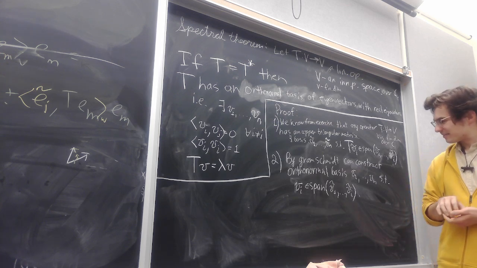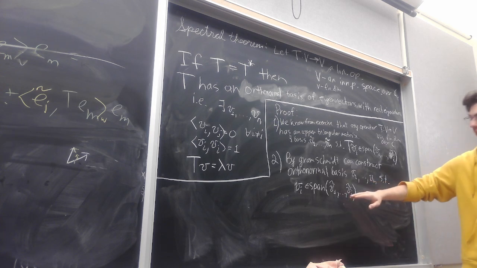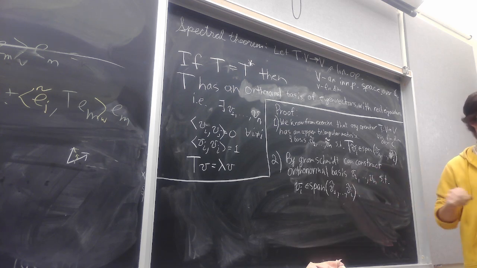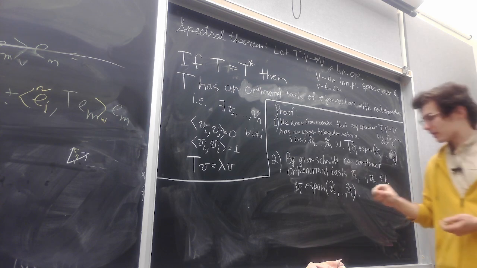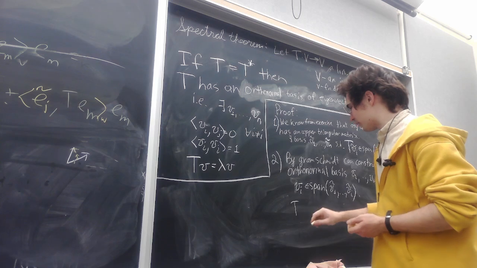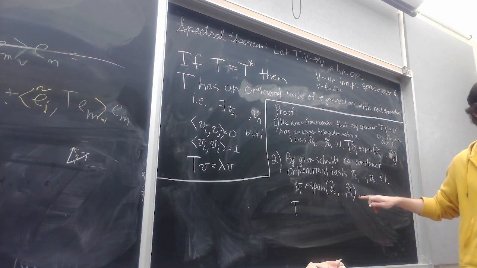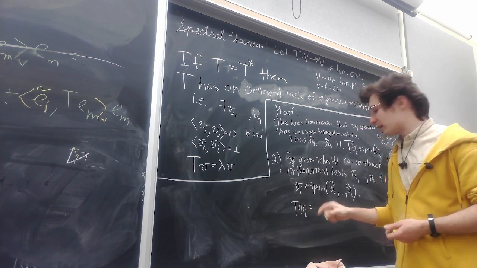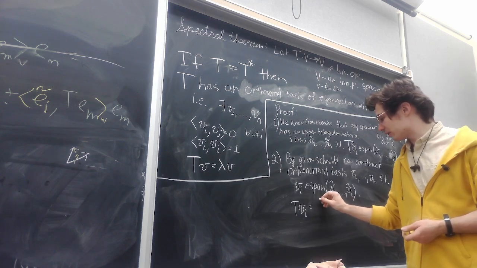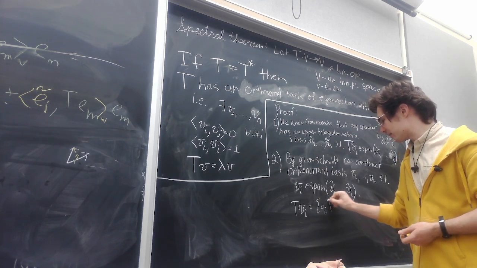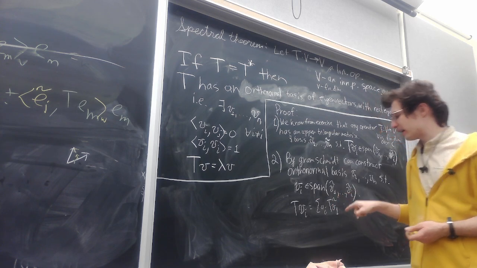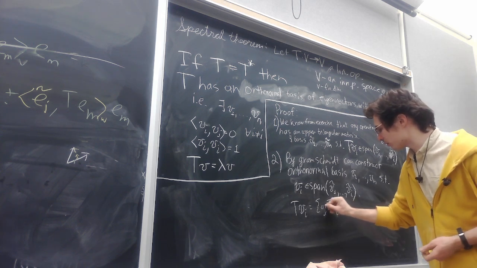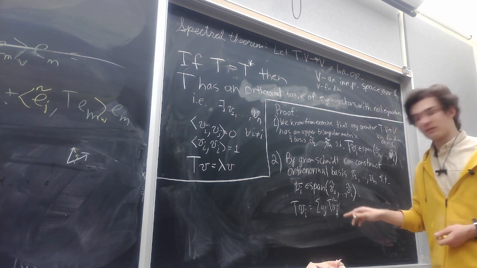Now, how do we convince ourselves that in this new basis the matrix is still upper triangular? Well, if Vi is in the span of V1 up to Vi of the old Vi's, then T Vi can be written as some linear combination, the sum over j from 1 to i of a_j times T of the old Vj's. Do you agree?